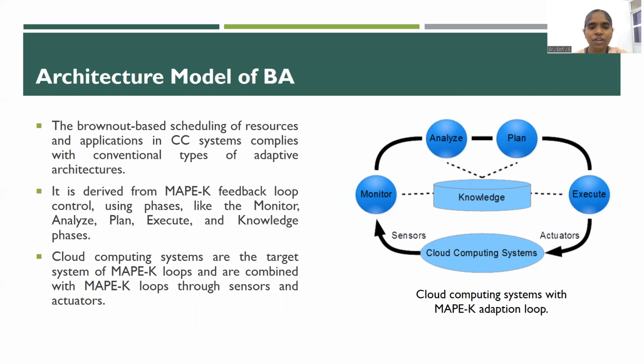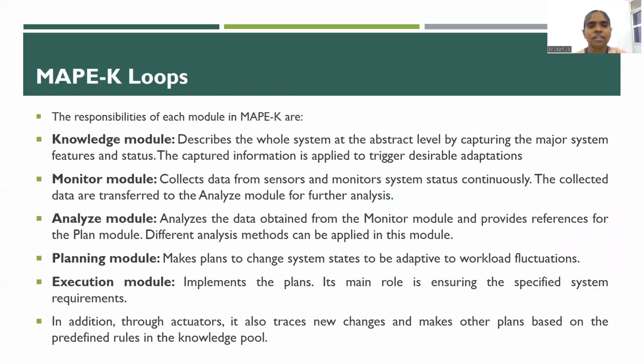So we are going to combine this MAPEK loop with the cloud computing system using sensors and actuators. So here the knowledge module has the whole system description. It gives the decision to other phases on what they have to do. It triggers the operations in the other phases.